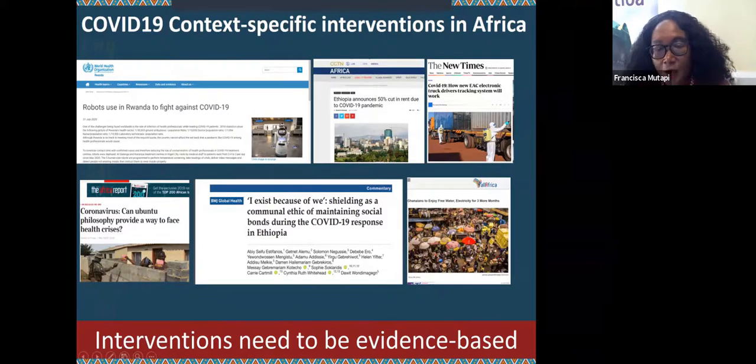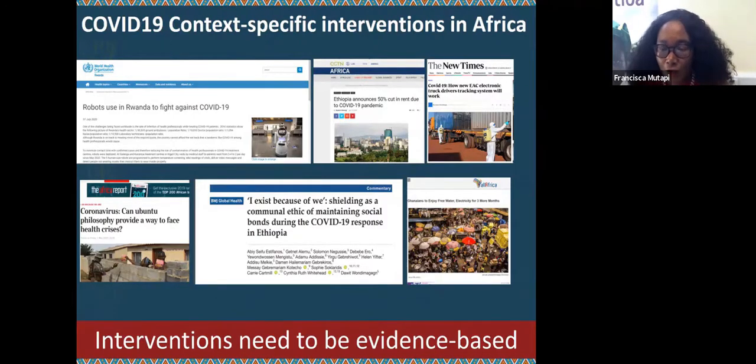So here's an example from Ethiopia, where they have used the Ubuntu approach to shield vulnerable people as a mitigation strategy. And this is very interesting because this approach actually has been welcomed in Africa and has been impactful in Africa, whereas in Europe, it has been one of those that has caused a lot of discussion and have ended up not being implemented at a policy level in a lot of countries.